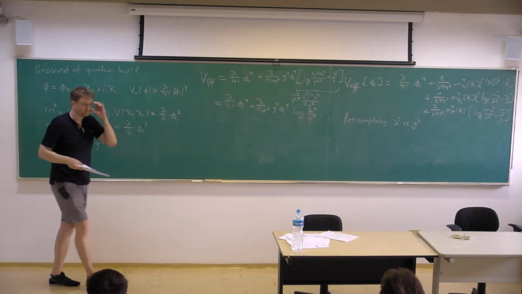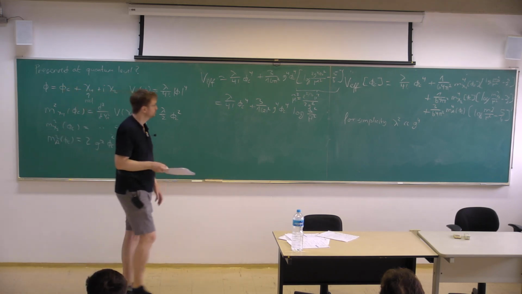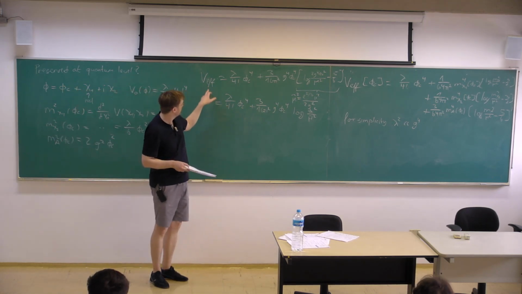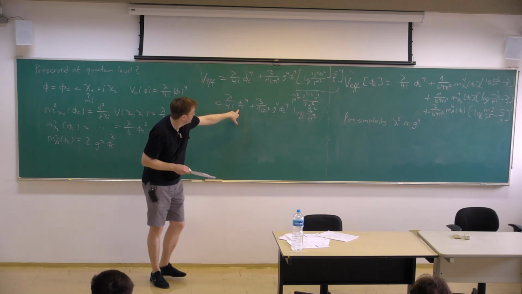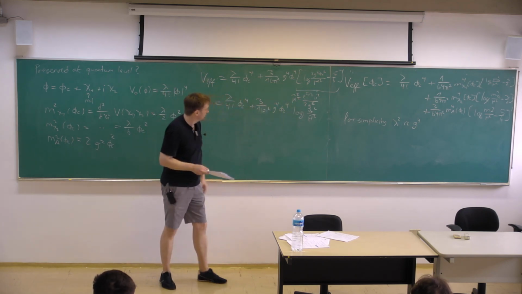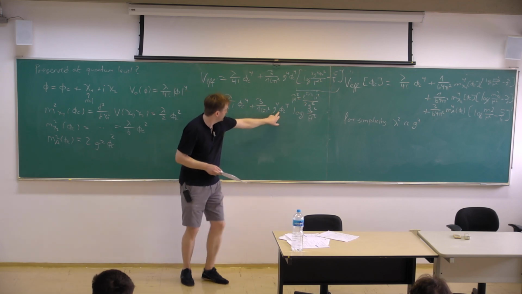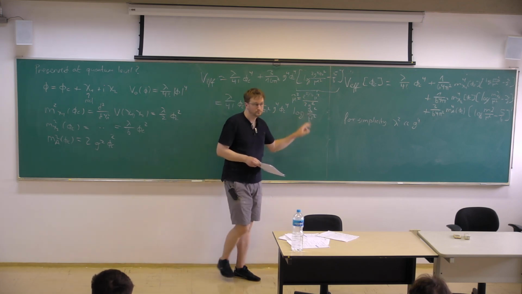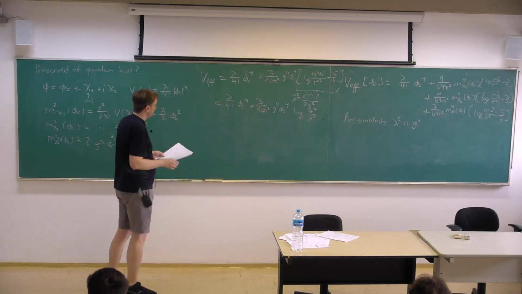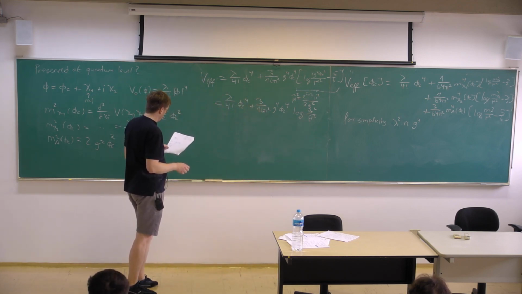So again, the effective potential is just the tree level potential plus some correction term that goes like phi to the fourth, but now proportional to the log of phi. Now we're almost there.